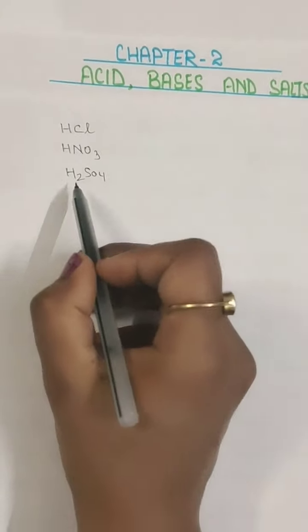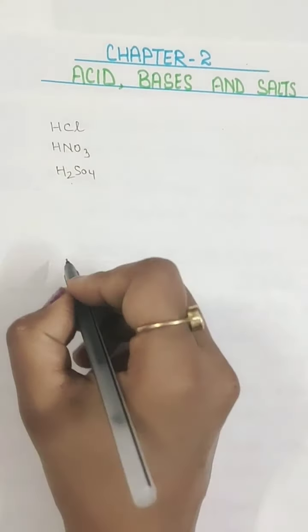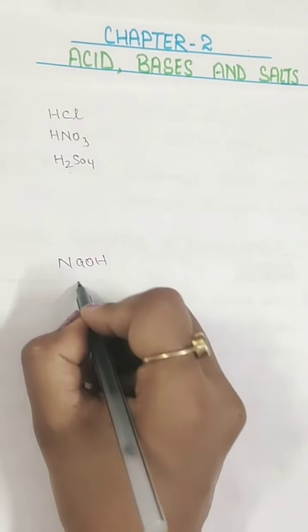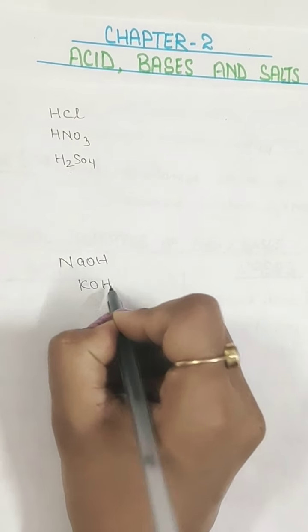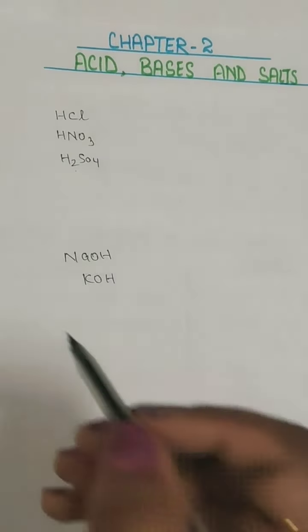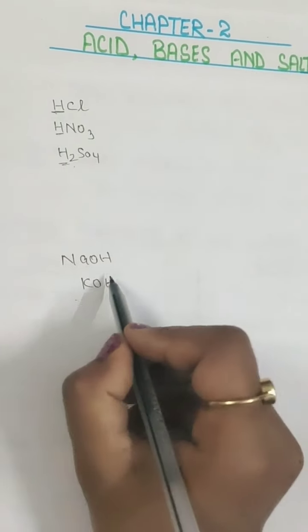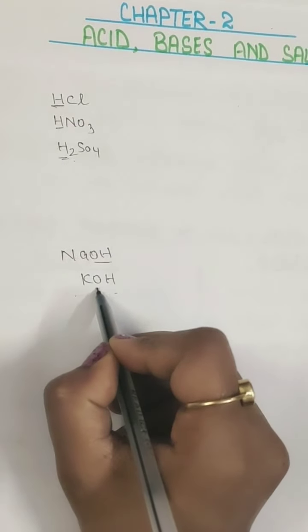All these are acids, okay. And when we talk about bases, it's NaOH, KOH and so on. These are all bases. So the difference is that acids have H ion in them and bases have hydroxide ion in them.